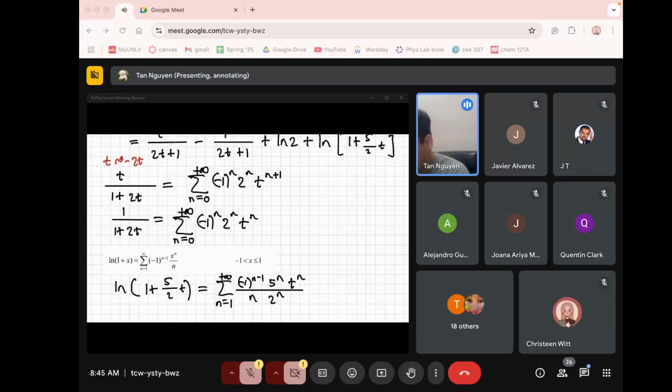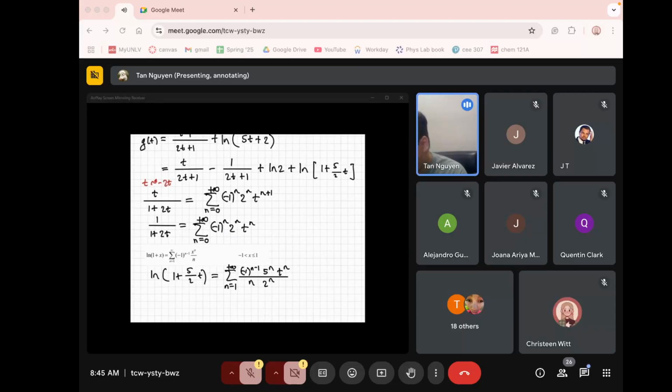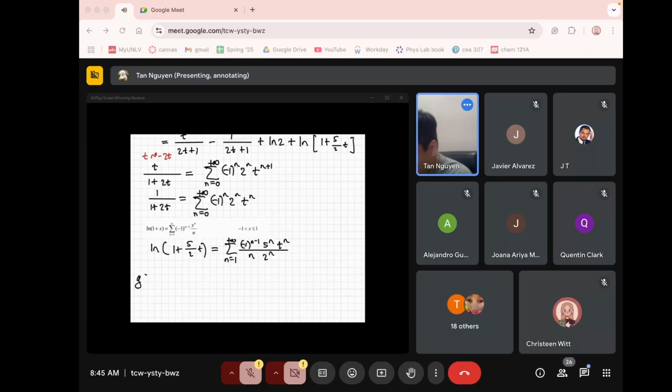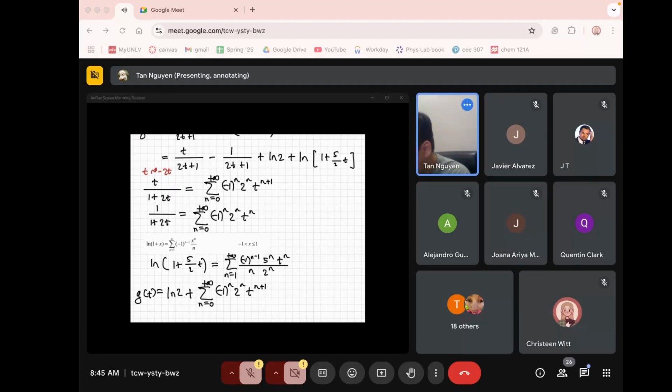Okay, so now that I got all 3 series expansions of these 3 functions, let's plug them in. So g of t is equal to ln 2 plus the first series right here, minus this one, which is that series right there.